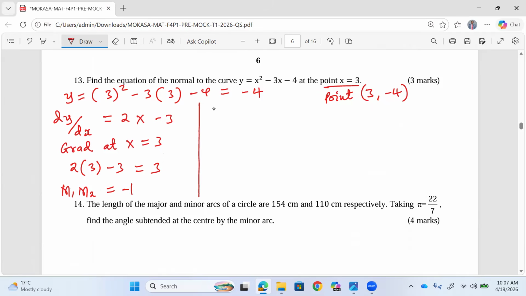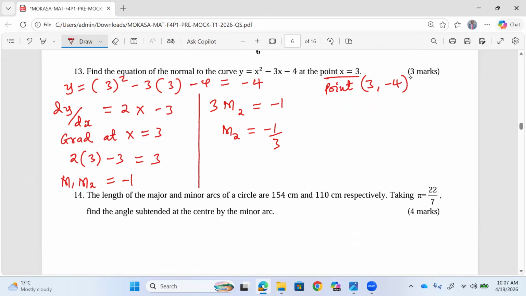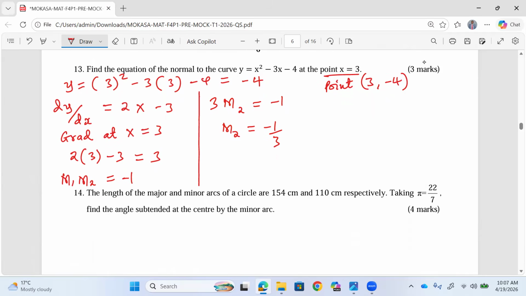That is how gradients are related when it comes to perpendicular lines. Now, allow me to proceed to say that there is a gradient of 3, a known gradient, and we need them to be multiplied to give us negative 1. So to remain with gradient 2, ladies and gentlemen, we need to talk about negative a third. So the second gradient is negative a third, and the point is here. So we can now express the equation.